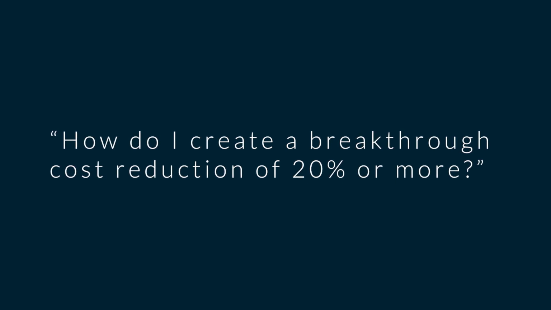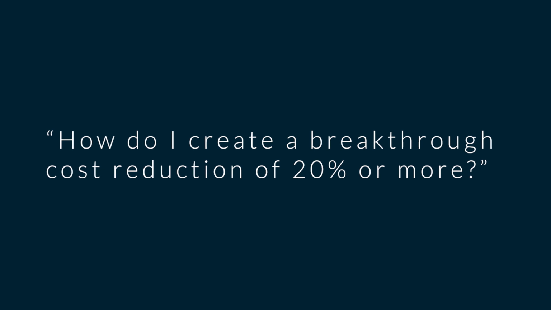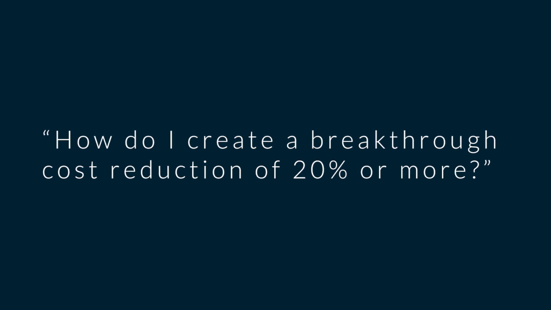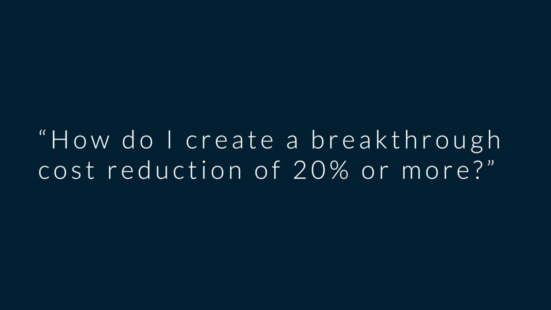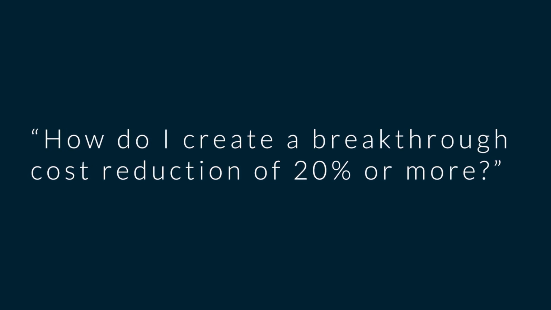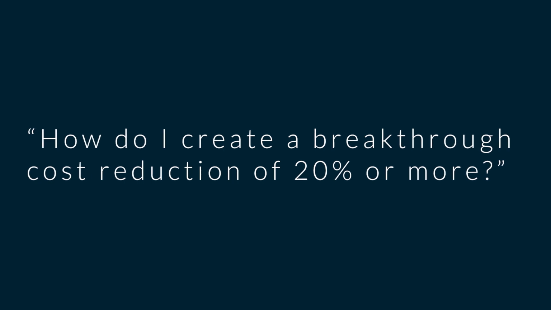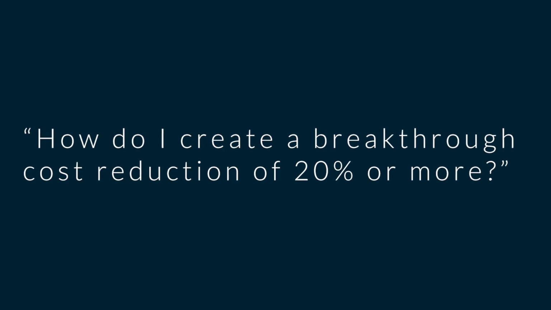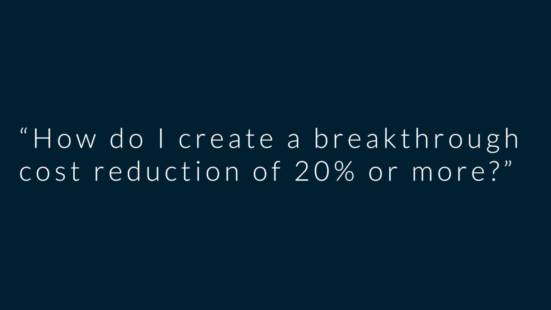The problem statement stating that it needs to be a breakthrough implies that the solution must be radical and innovative, while the target of 20% identifies that the solution has to be a big improvement on what is currently being done. So that is why it's open.